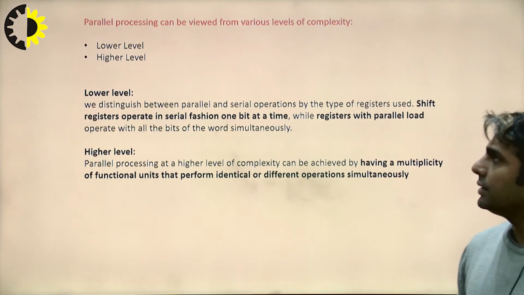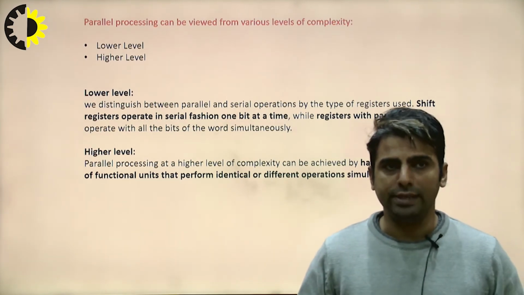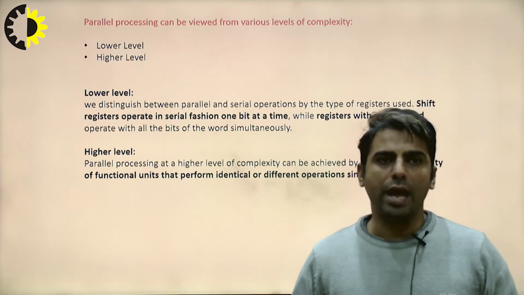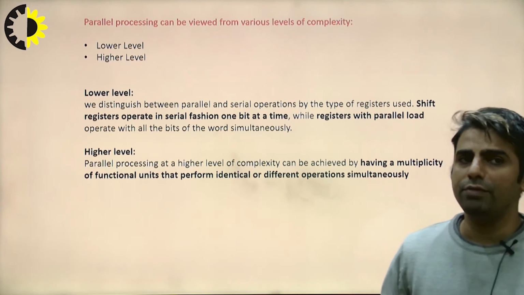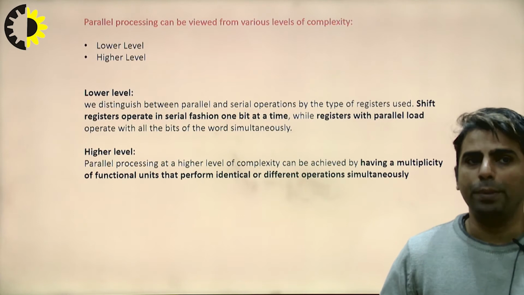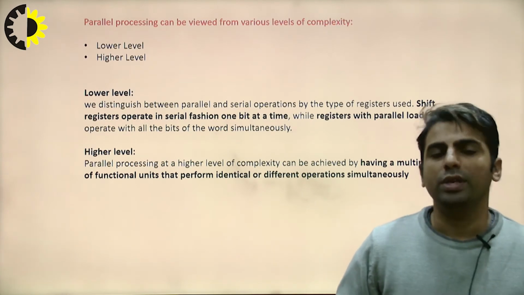Next, parallel processing can be viewed from various levels of complexity. One is the lower level and another is the higher level. In the lower level, the example I have highlighted is: shift registers operate in serial fashion, one bit at a time. What does that mean?